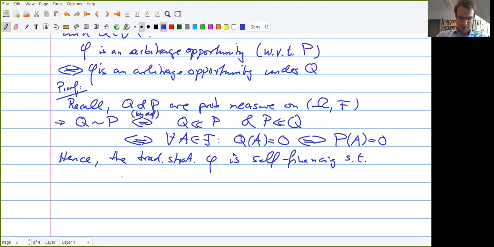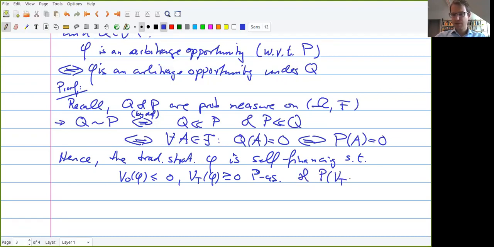Such that, what's an arbitrage opportunity? This means we start with initial capital less or equal than 0, the terminal value is non-negative, P almost surely. And here I want to be careful for a moment, because this is the main point. And with a positive probability under P, we are strictly positive.